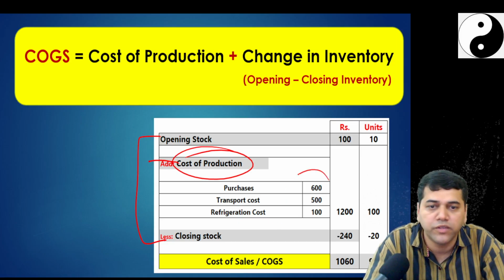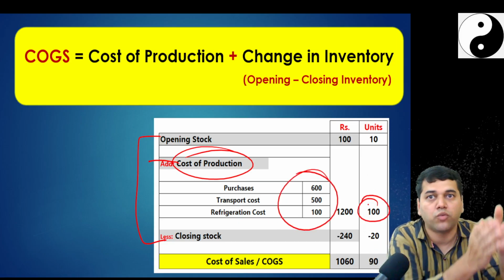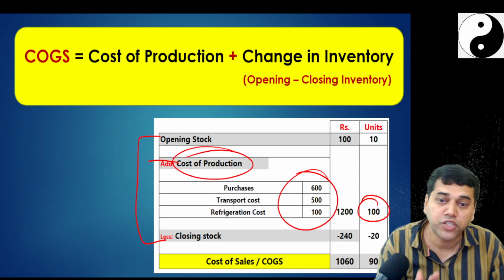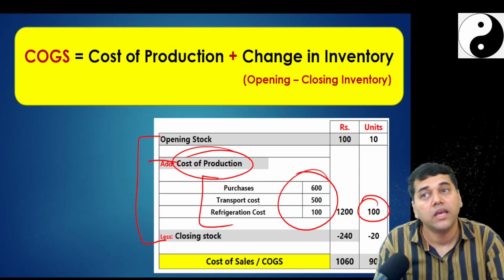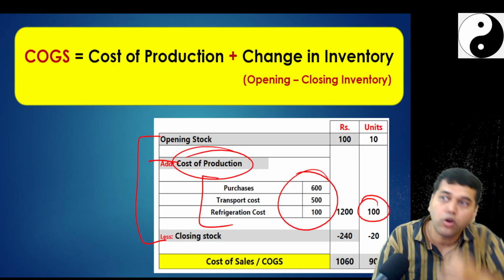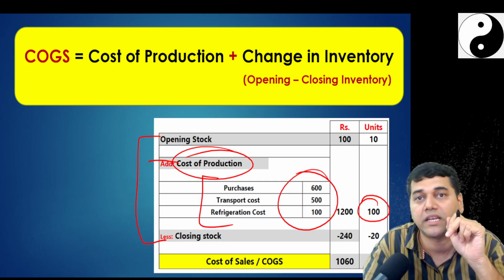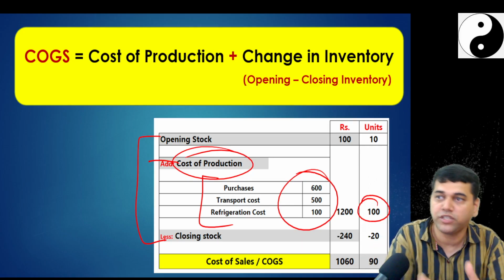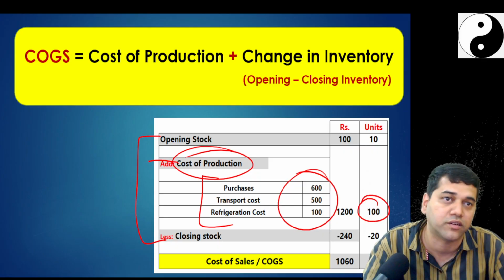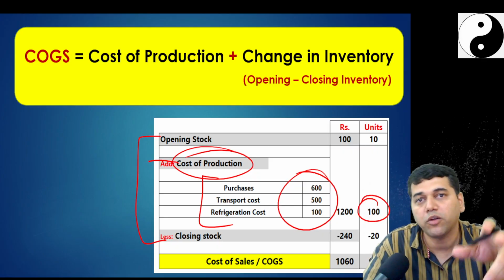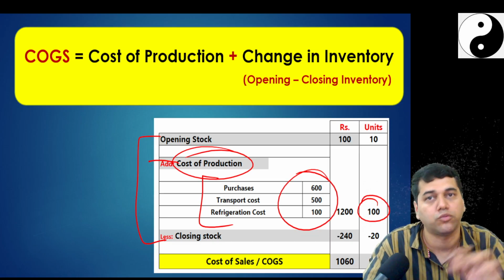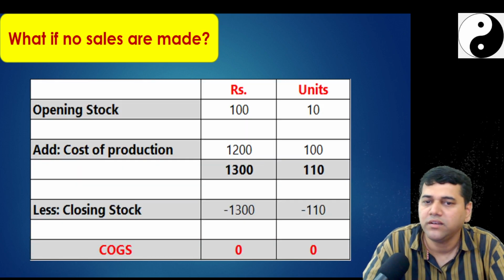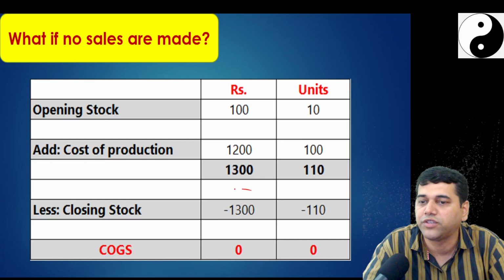Cost of production comes with, for the given level of production, what did you purchase and how much cost did you incur? Which cost? Attributable cost. Anything non-attributable will go outside and hit your P&L account. Otherwise, it will get loaded on the inventory, because that much cost you incur, you load it on the inventory, no profit, no loss for the year. But if you incur abnormal losses, you cannot load it on the inventory, it will go out. That's it. What if no sales are made? The entire amount will come as closing stock.